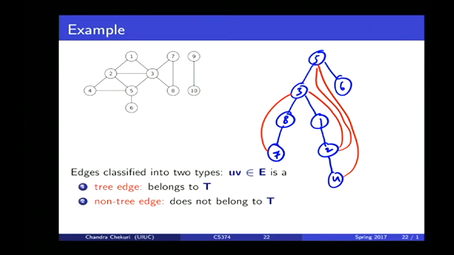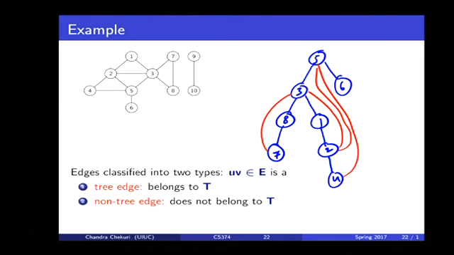Because of the way we are exploring the graph. If in fact there is a non-tree edge connecting two nodes which are not related in an ancestor-descendant relationship, look at the first one that was visited among those two. It should discover the other one under itself, right? The other one has to be a descendant of it.